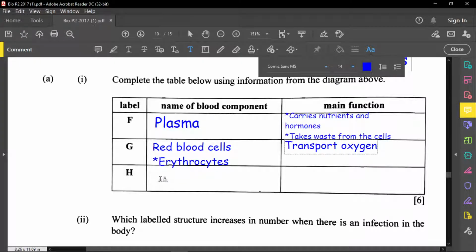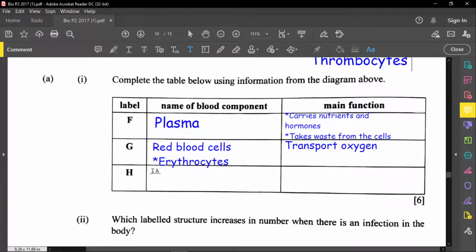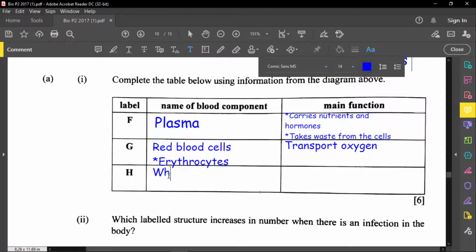And H, which is our white blood cells, we will know based on what we have here. The white blood cells are called leukocytes.